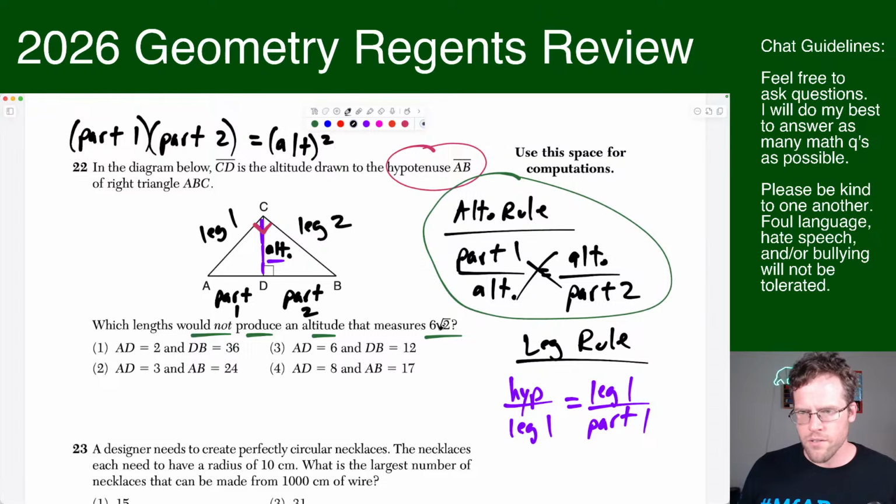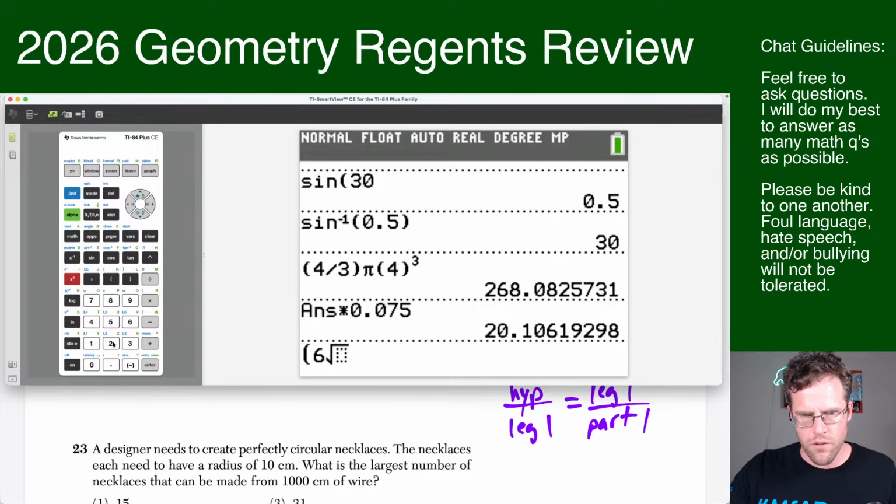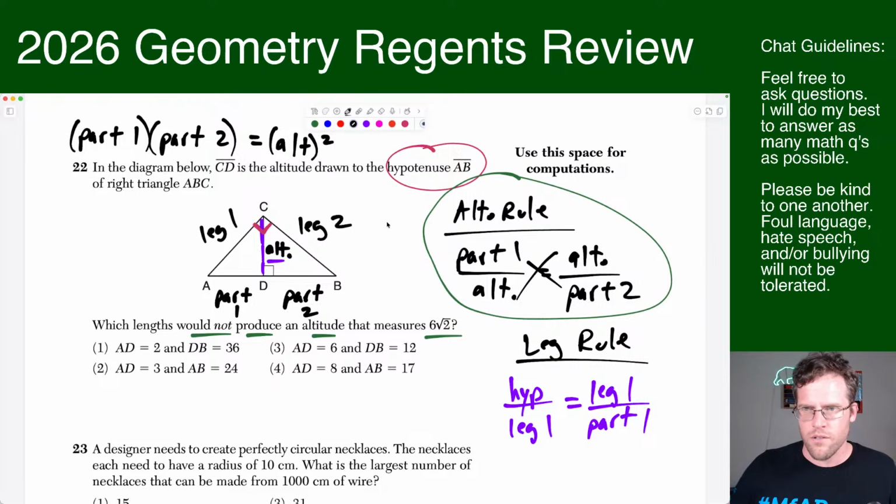If the altitude equals 6 square root 2, the altitude squared is equal to 72 via the calculator.